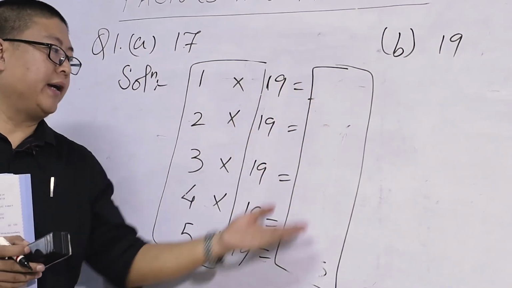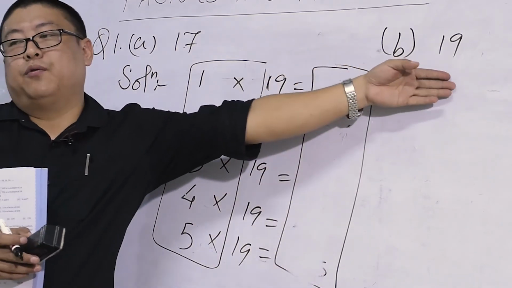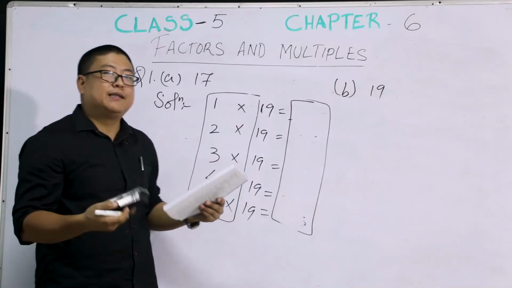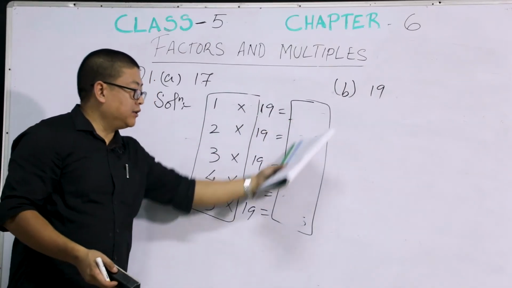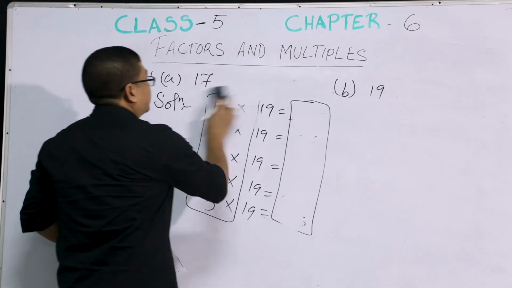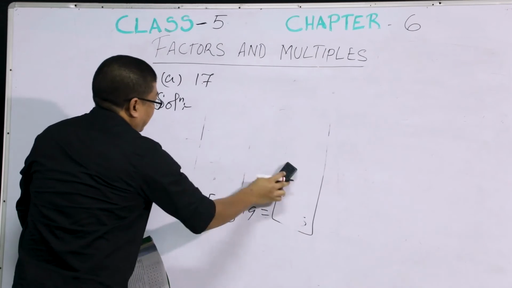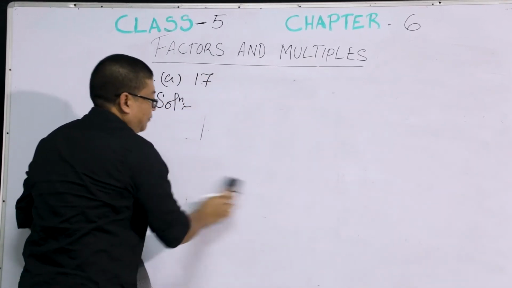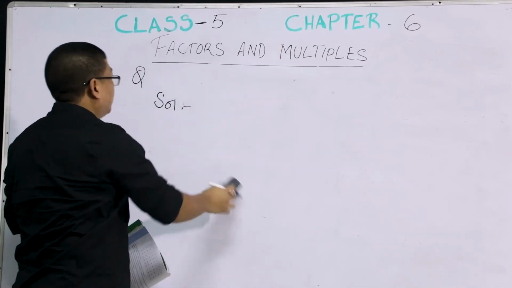Please try multiplying and the final answers will be your answer for this question. Similarly for C, D, same thing, only the number will change and the answer will change. So this is the first part of the question. I have done the first question. I expect that all the students will be honest and try the other questions at home.